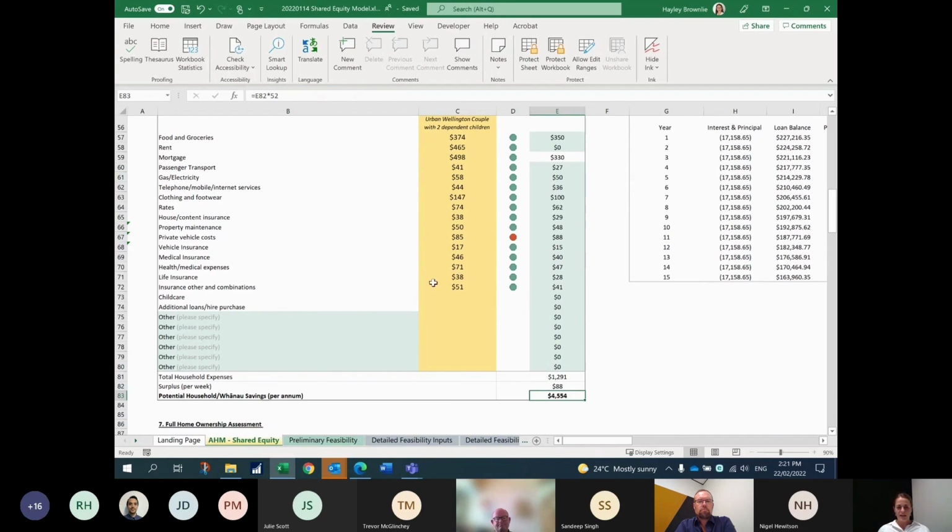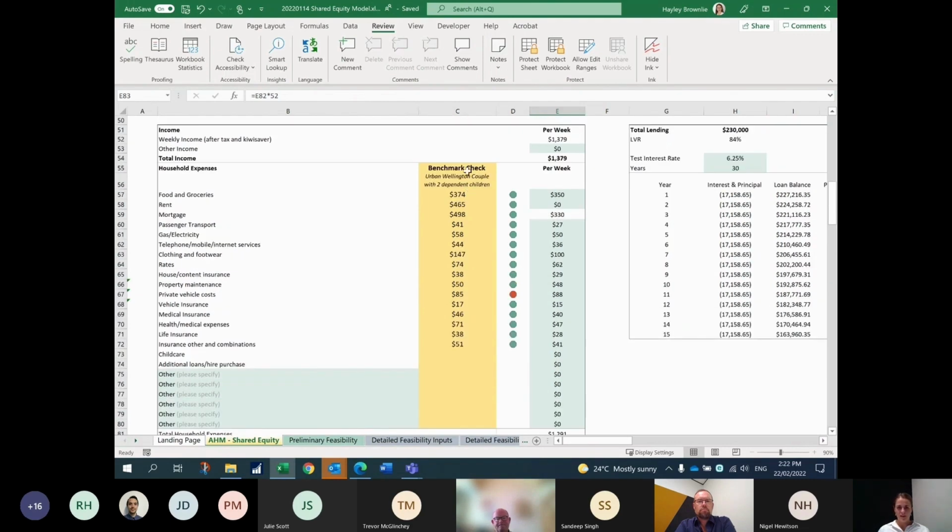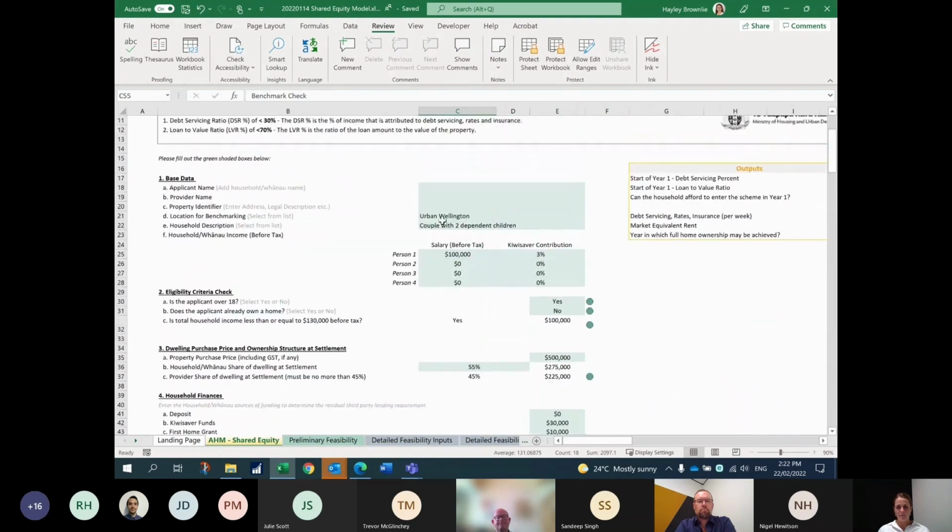The benchmarking that Clint's already alluded to in terms of the IRD estimates of household expenditure comes in here. Up the top here, there are 2 drop-down boxes, one for selecting the most appropriate location of the development and 2 for selecting the most appropriate household makeup.